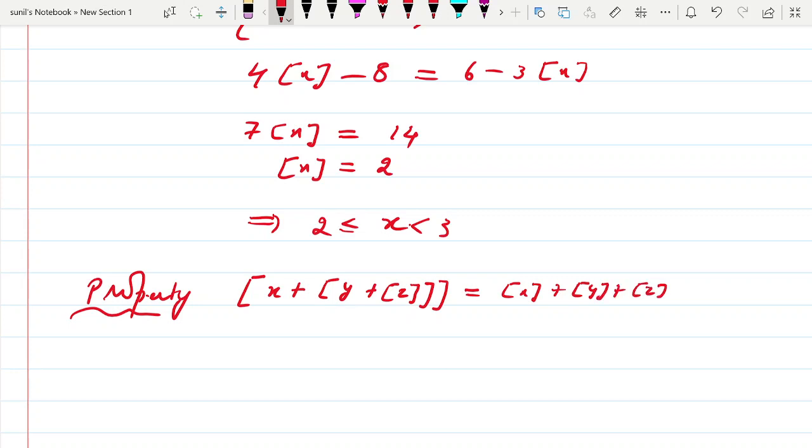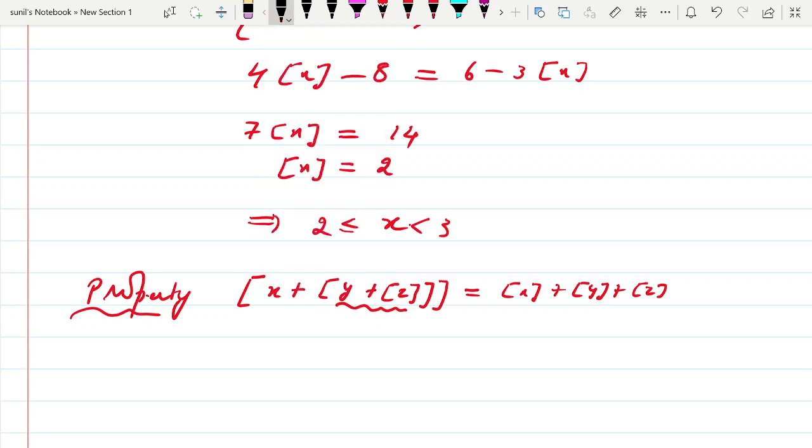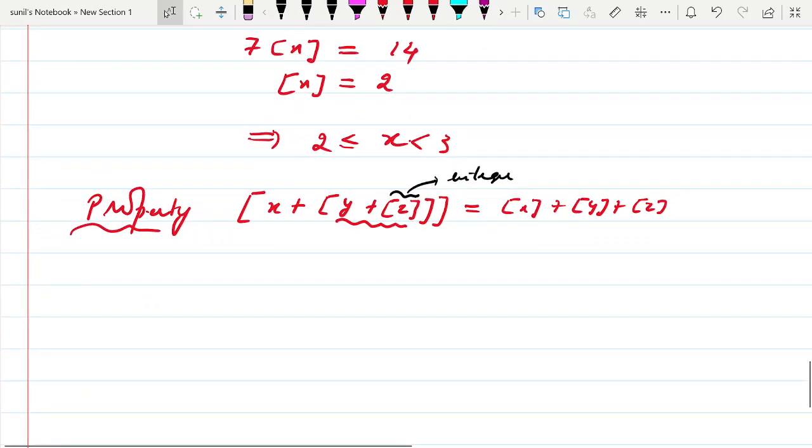Now guys, first of all, I'm going to handle this one. Now if I handle this one, please tell me, this bracket z, this is an integer. Please try to understand it. It is an integer or not? Yes, it is an integer.